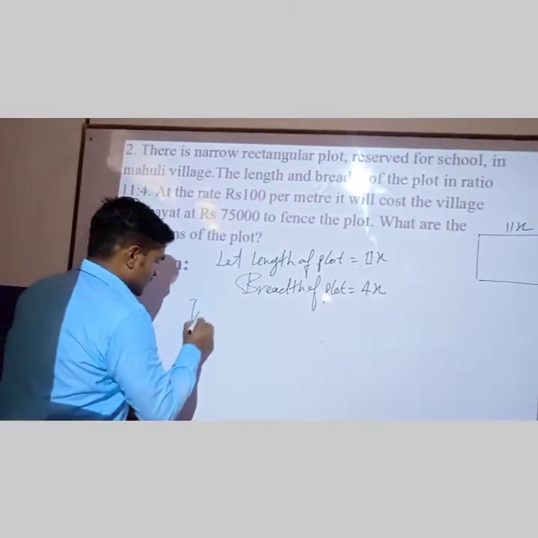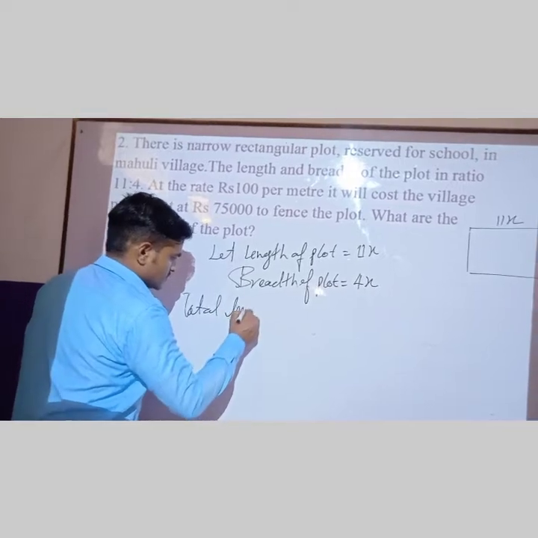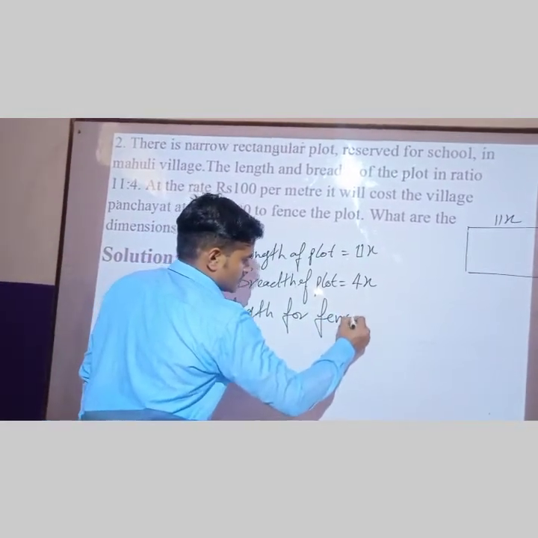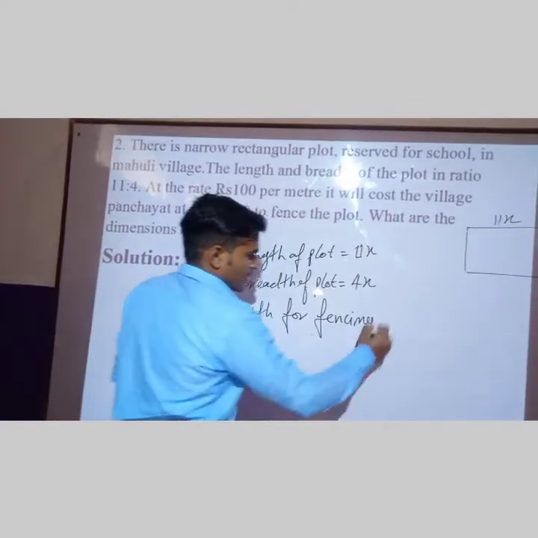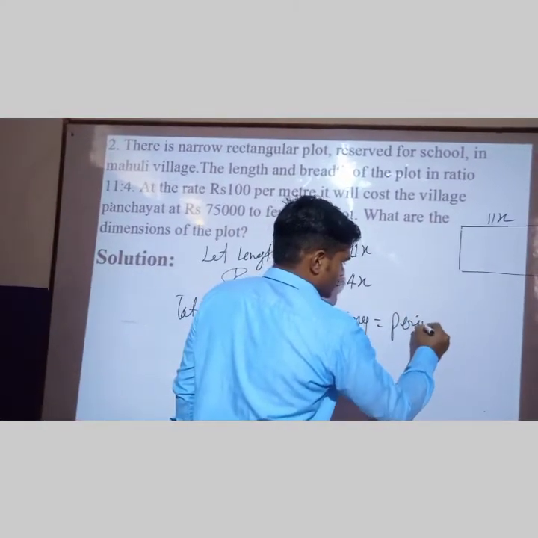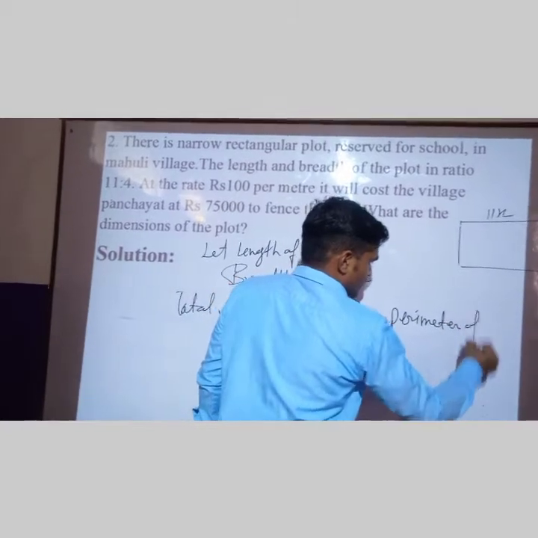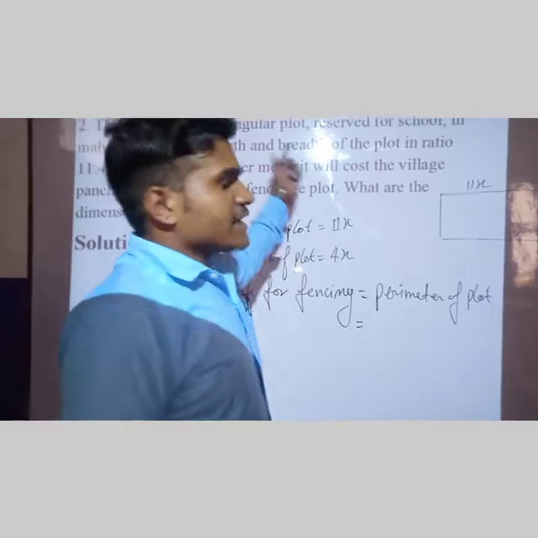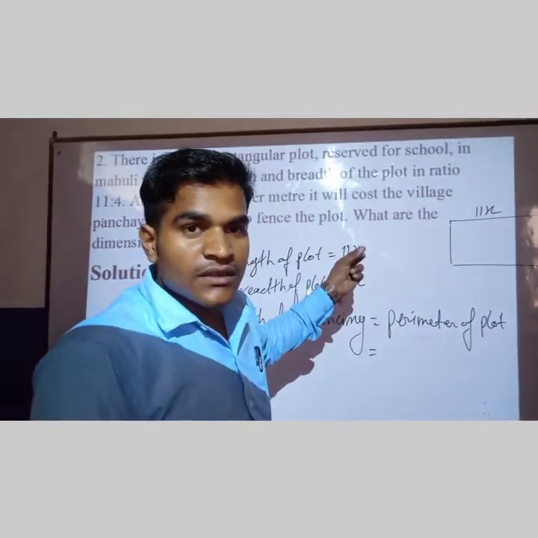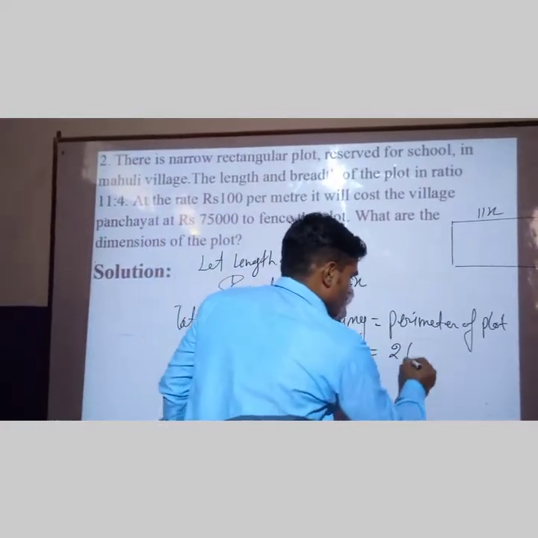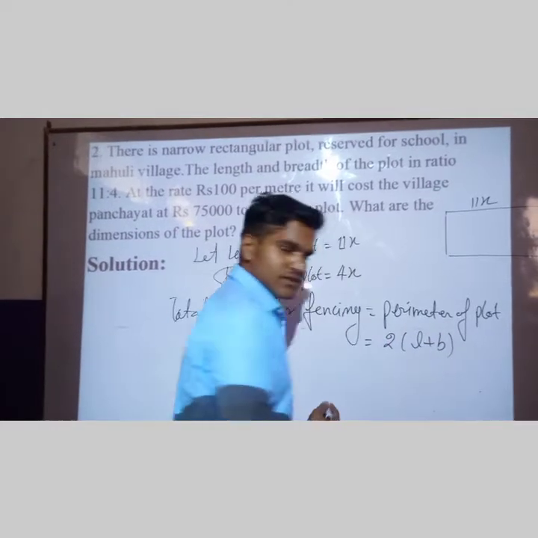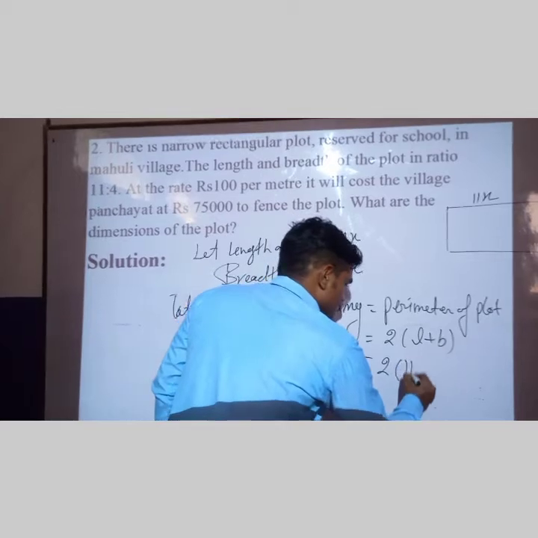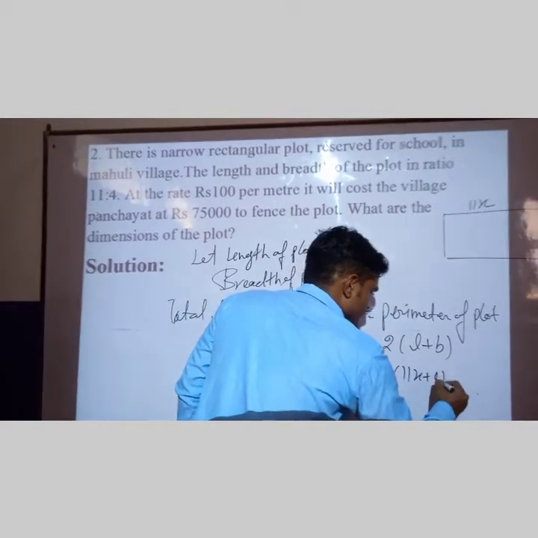So total length for fencing is equal to perimeter of plot. Since the plot is rectangular, perimeter of plot is 2 into L plus B. This is the formula. So 2 into length 11x plus 4x.